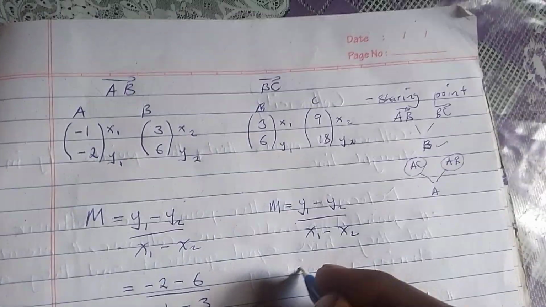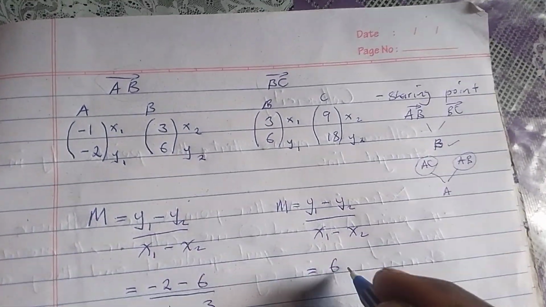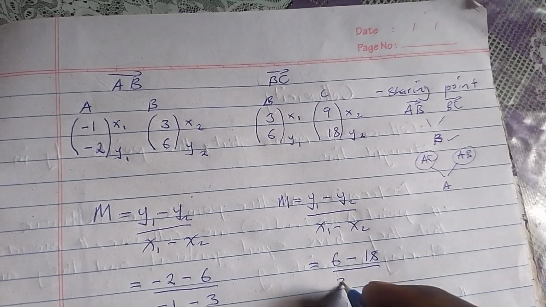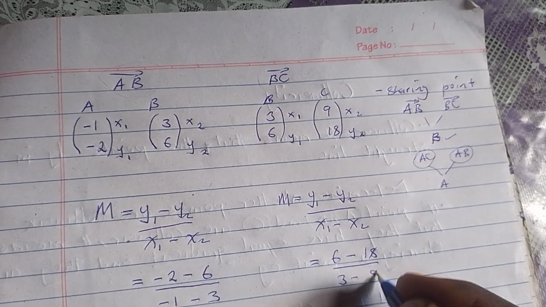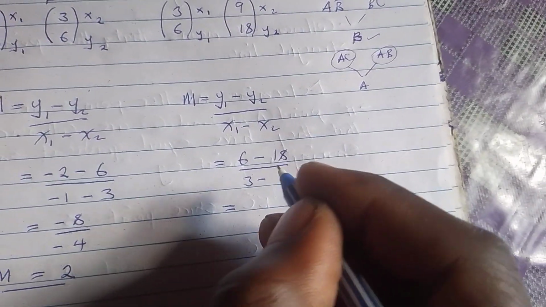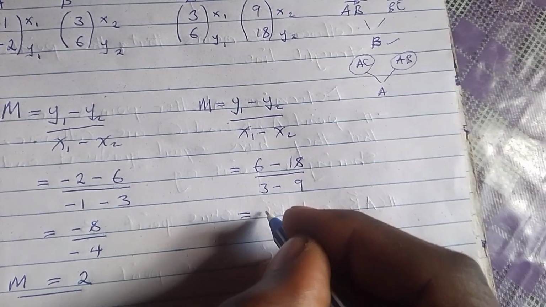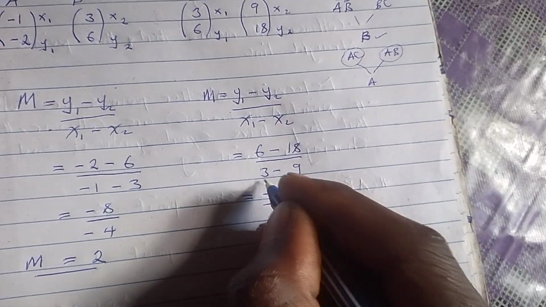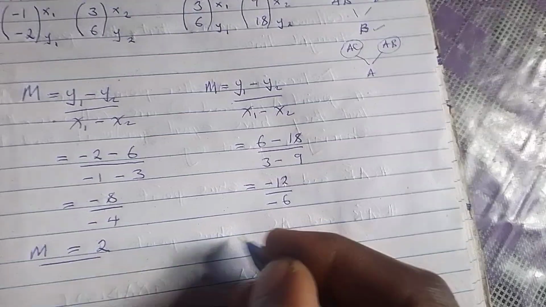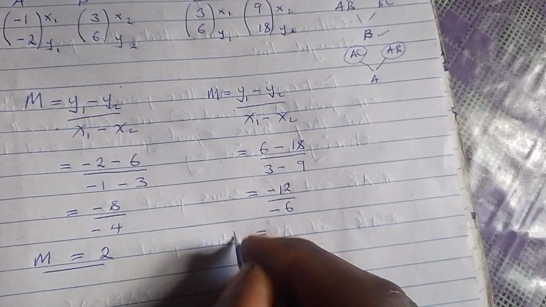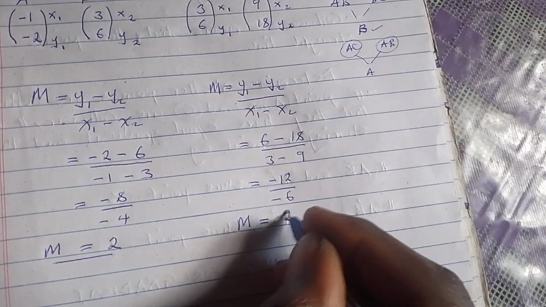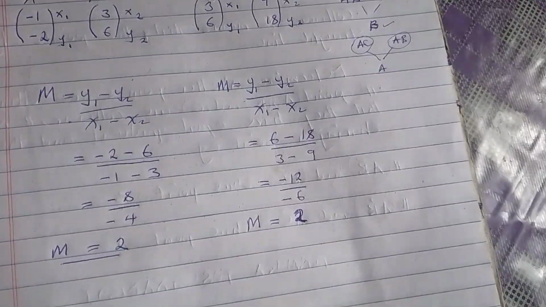So y1 is 6 minus y2, which is 18, over x1, which is 3, minus x2, which is 9. The numerator gives us negative 12 and the denominator gives us negative 6. Negative 12 over negative 6 gives us 2. So you can see that we have the same gradient.